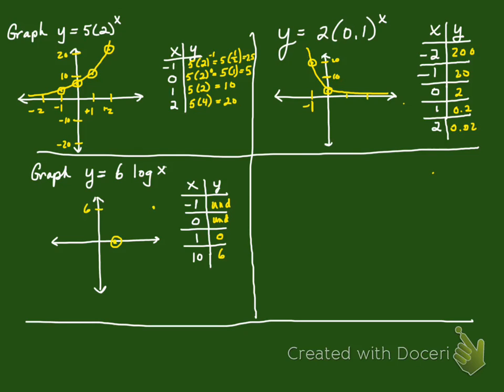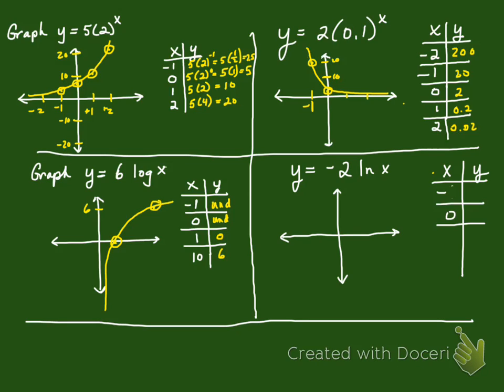Here we have y is equal to 6 times the log of x in the first graph. If you plug in the values, you'll notice that for -1, it's undefined. 0, it's undefined. For 1, when x is 1, y is 0. And when x is 10, y is 6. So that's our graph.